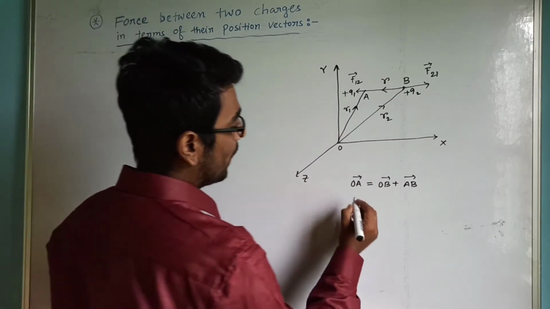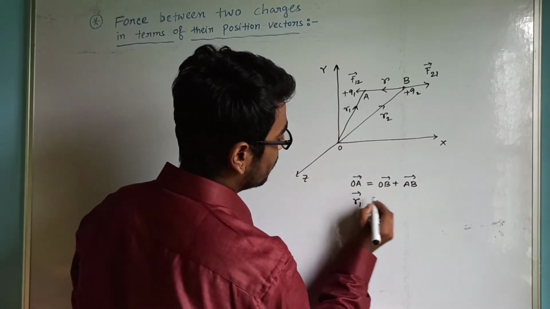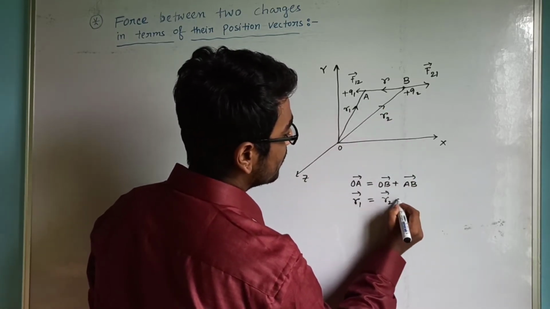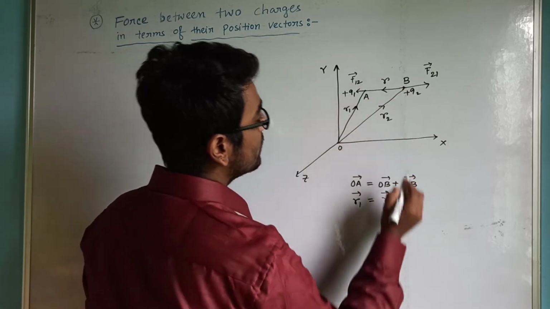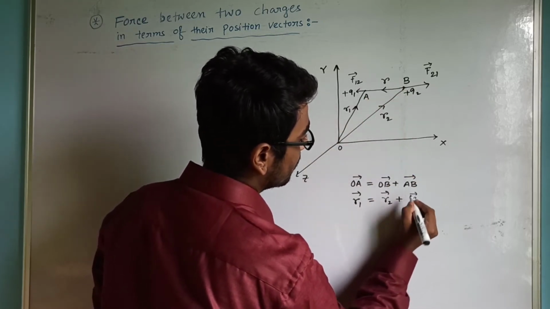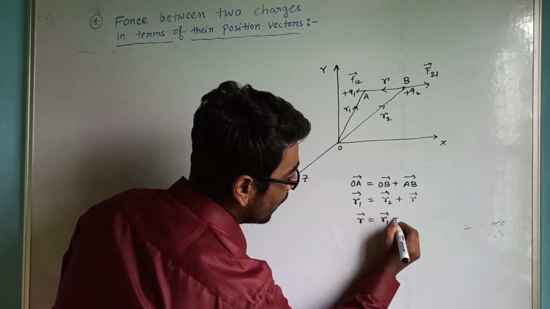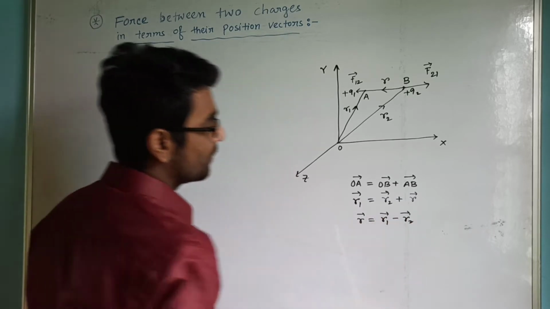So OA is the r1 vector, OB is the r2 vector, and AB is the R vector. So the R vector equals the r1 vector minus the r2 vector. Fine.